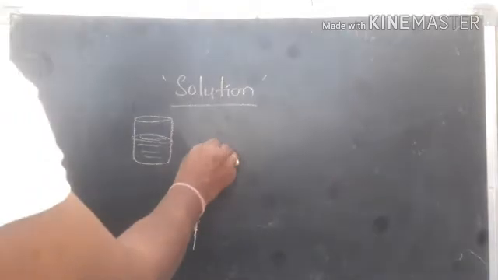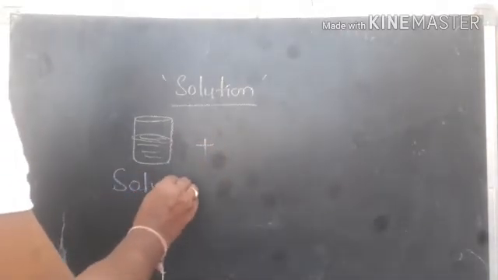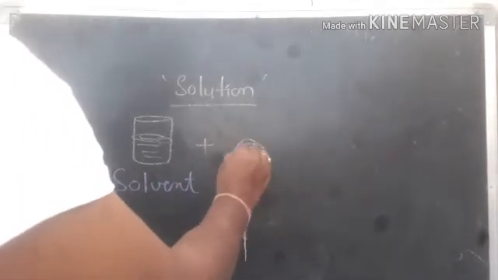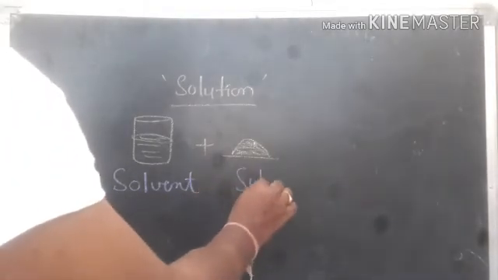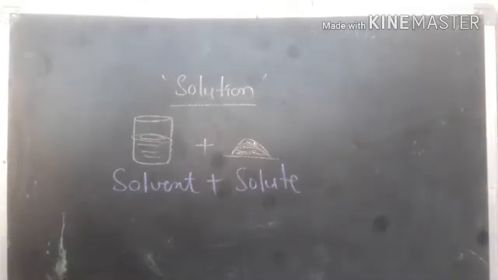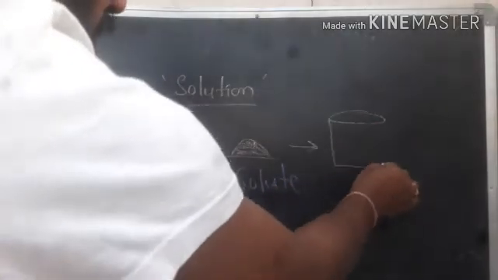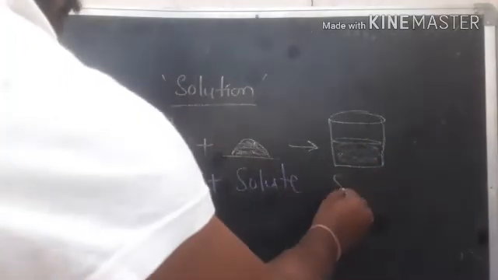Number one, it is called the solvent, and number two, it is called the solute. Solvent plus solute gives us solution.